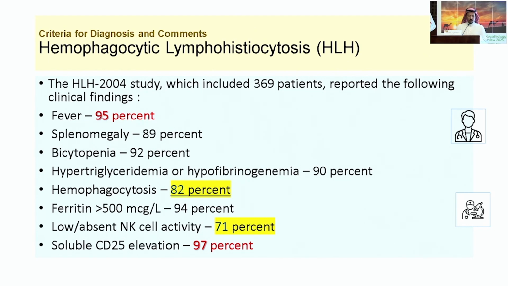You can see also the soluble CD25 elevation is highly sensitive for the diagnosis of HLH. But the problem of this laboratory test is that it will take some time because most likely it will be a send-out test.